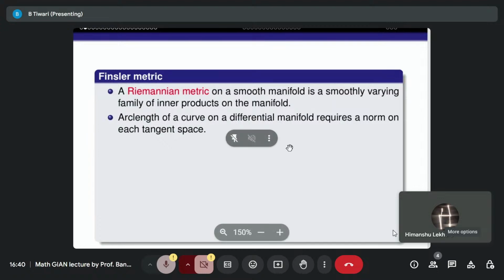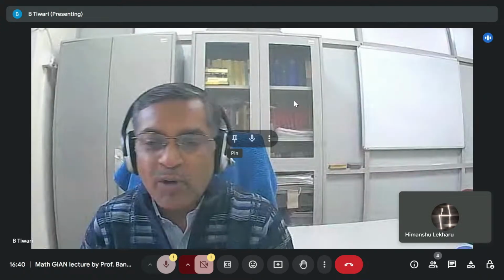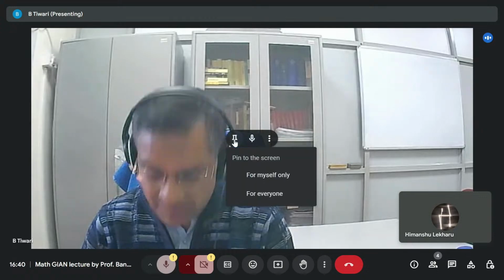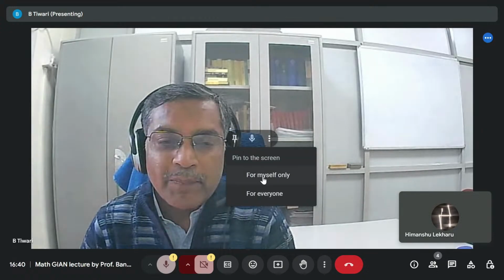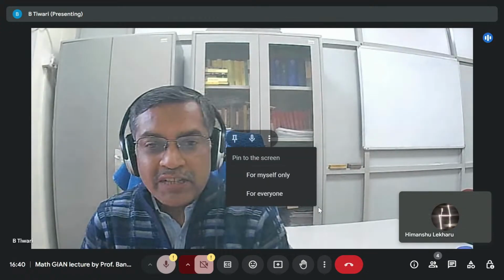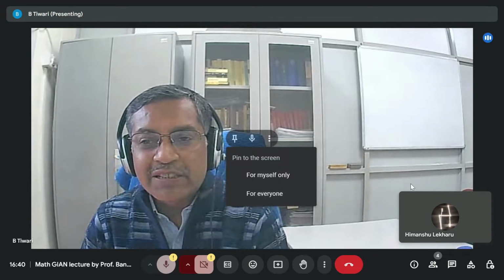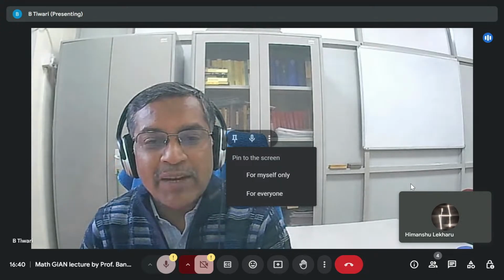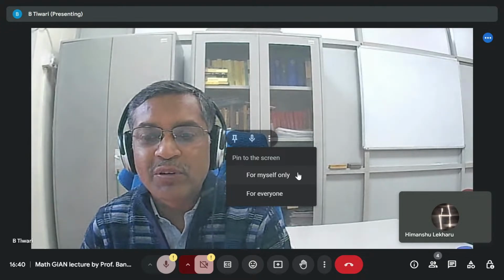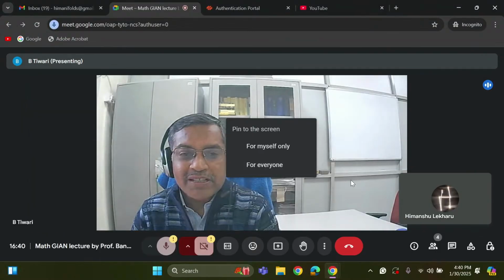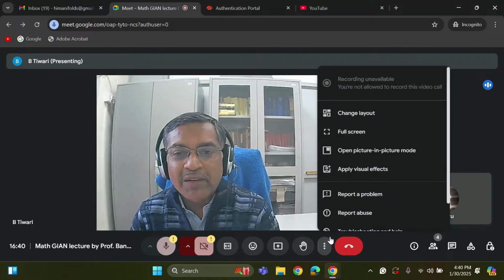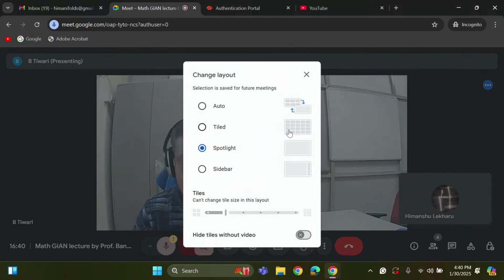So it actually requires a norm on each tangent space at the points of the curve. Now, a reasonable tool to compute the arc length of curves is a Riemannian metric on the smooth manifold, which, everybody knows, is a smoothly varying family of inner products on the manifold.